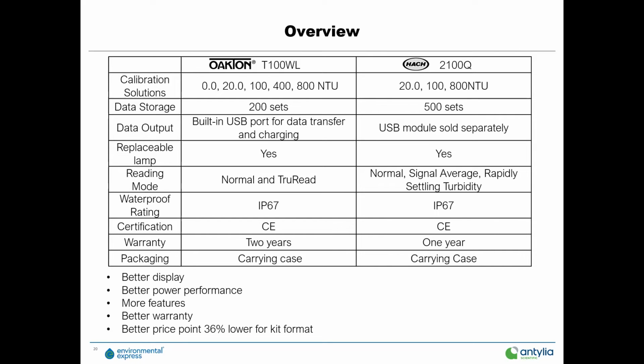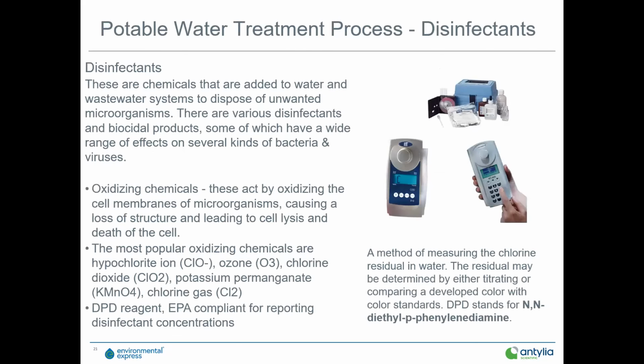So we've talked about pH, turbidity. Now I'd like to talk a little bit about disinfectants. Obviously, these are kind of the big three in potable water treatment. Disinfectants are added to your water or wastewater systems to dispose of unwanted microorganisms.